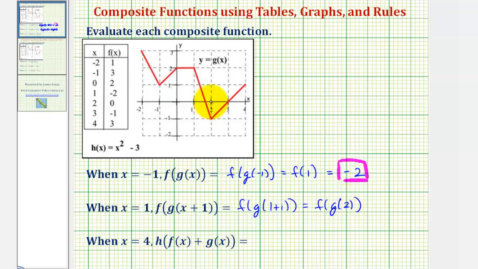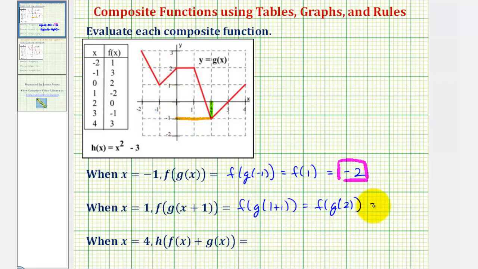Here's where x equals +2, and therefore the y-coordinate of this point would be our output or function value when the input is +2. So notice how the y-coordinate is -1, and therefore g of 2 equals -1.